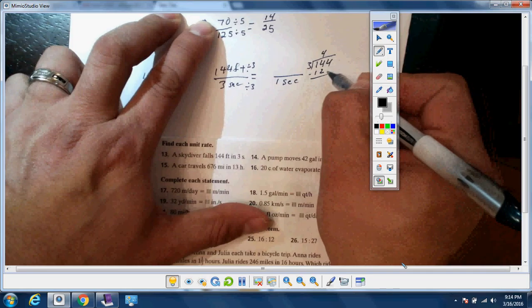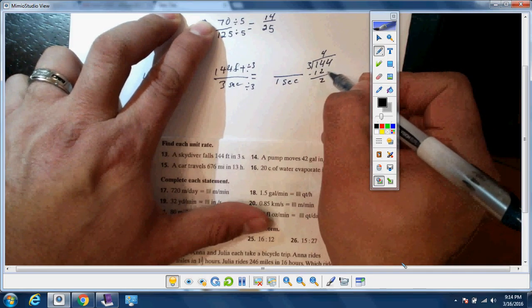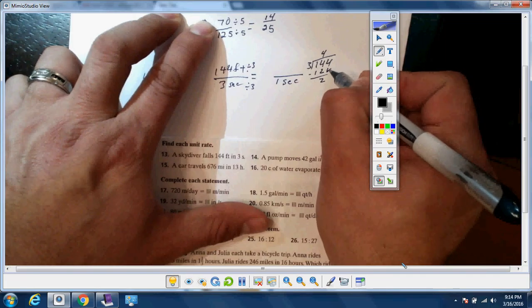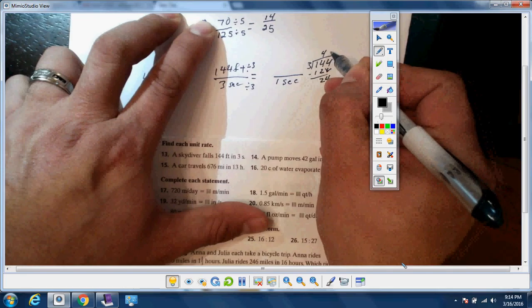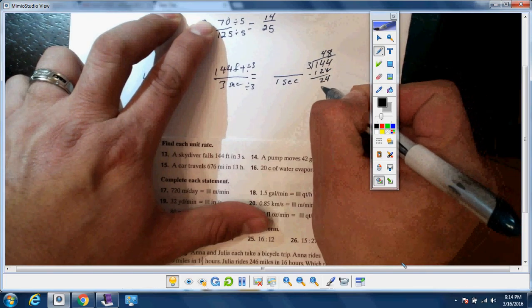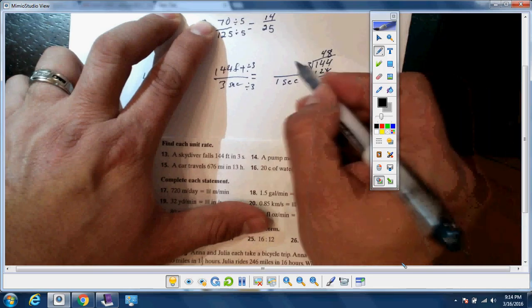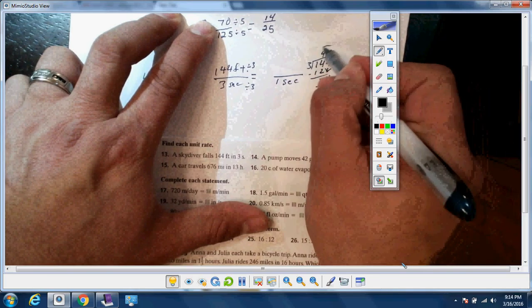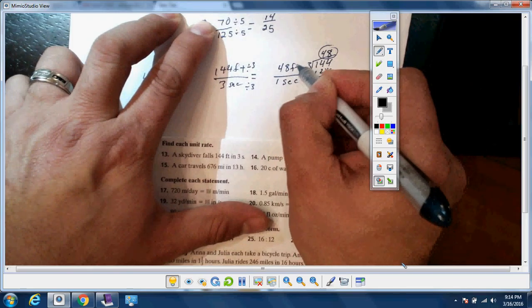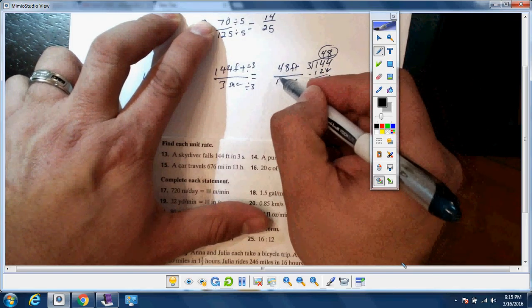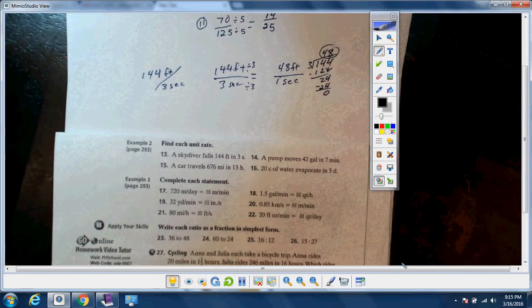I subtract. 4 take away 2 is 2, and 1 take away 1 is nothing. My next step is to bring down my 4, which makes it 24, and I know that 3 goes into 24 evenly 8 times. I subtract and have nothing left over. So the answer is 48 feet per second, because the 1 you can either have or not have, but it winds up being 48 feet in 1 second.